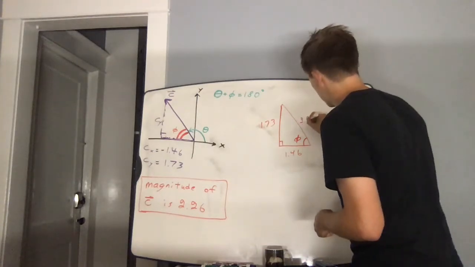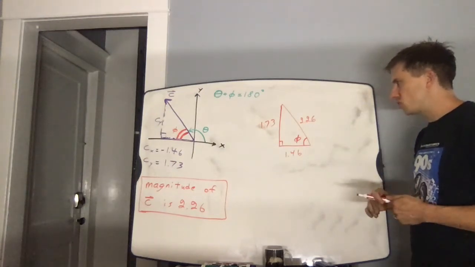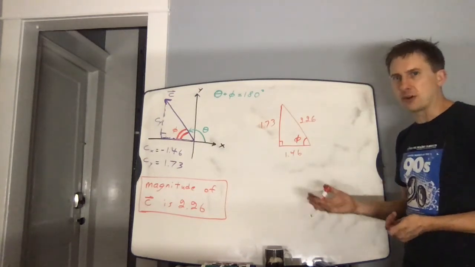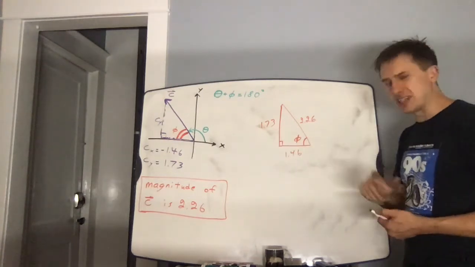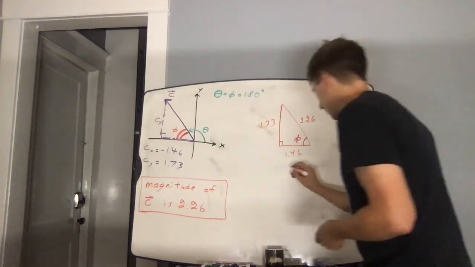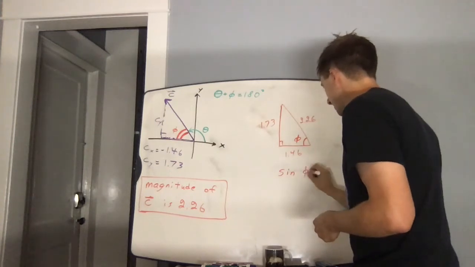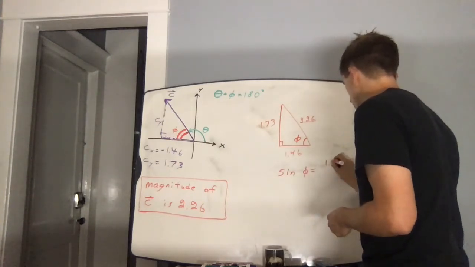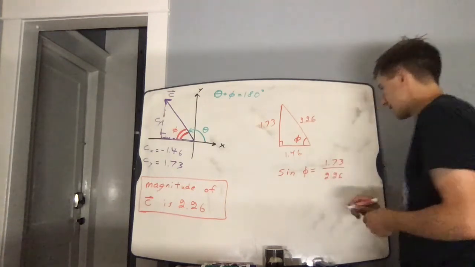So this is 2.26. Which inverse trig function do I want to use? At this point, it really doesn't matter. You could use anything. We have the lengths of all three sides of this triangle, so just use whichever one. I could say the sine of phi is equal to 1.73 over 2.26.